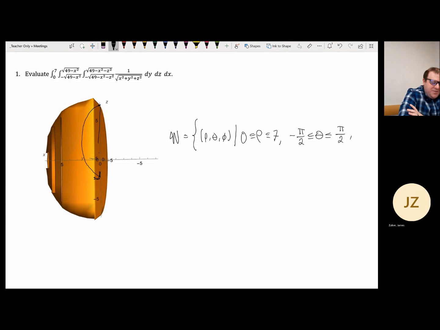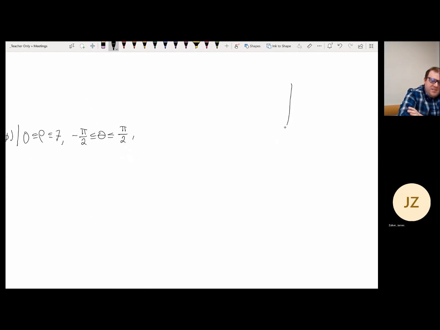If we're somewhere on here, what's the angle of declination? Right, we're on the z-axis above the xy plane. Stay right there.